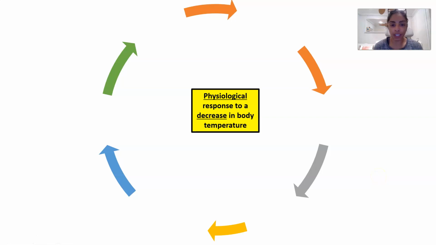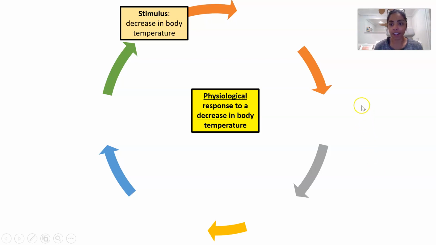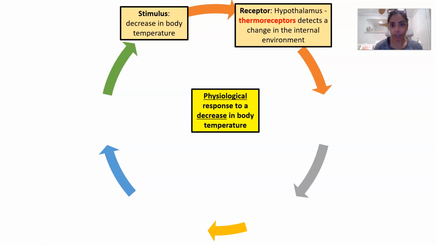So if we're looking at a decrease in temperature, that is our stimulus. So this is our change in the environment that is initiating this negative feedback loop. Second, we would have the receptor. The receptors are cells that detect the change. Because it's temperature, we are looking at thermo or temperature receptors.